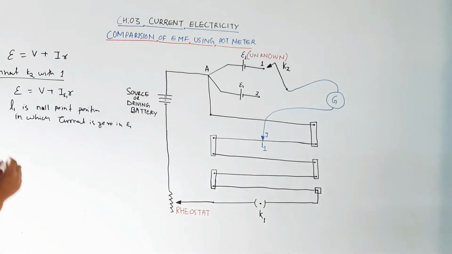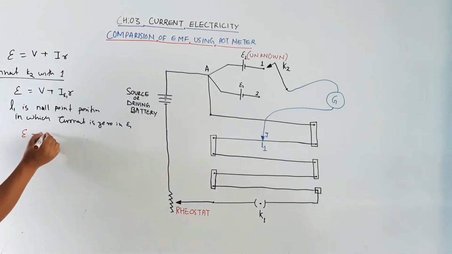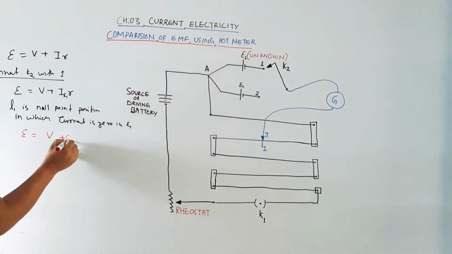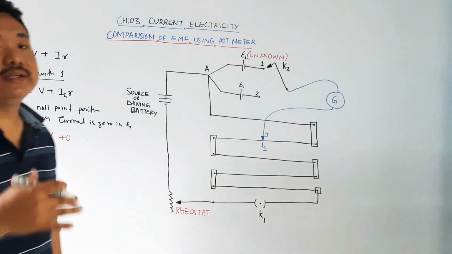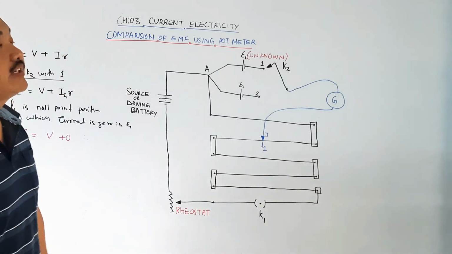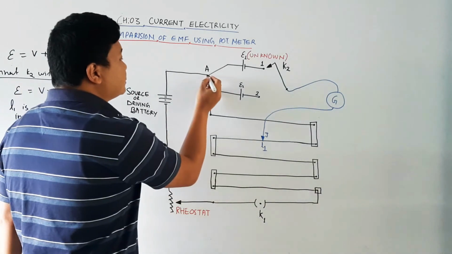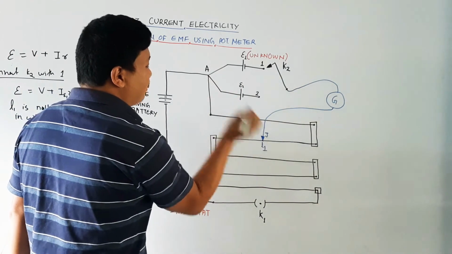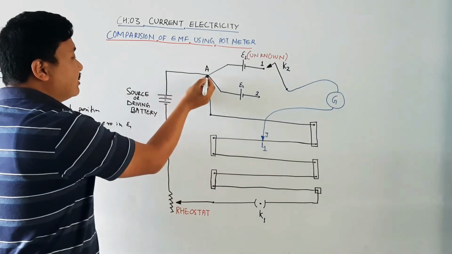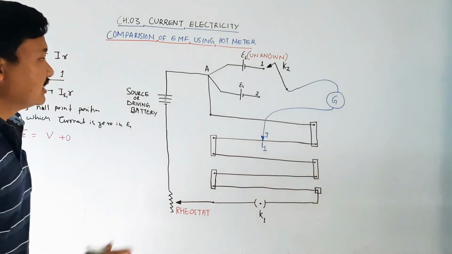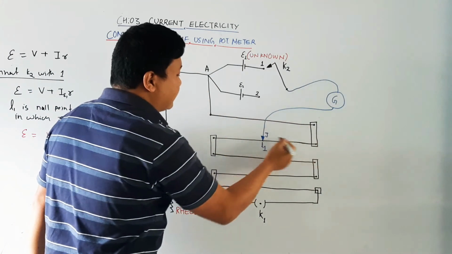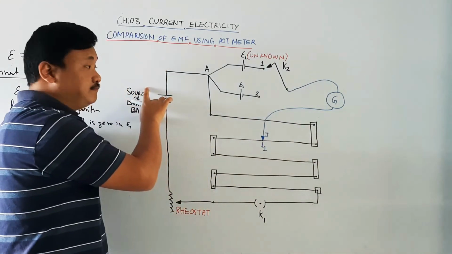So what I can write is E equals V plus 0, because Ir becomes 0. Now what is V? Please remember what V is. V is the potential difference between this point and this point, because in this wire the current is always flowing because of the driving cell.